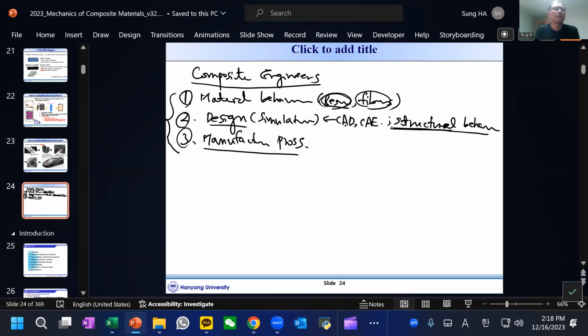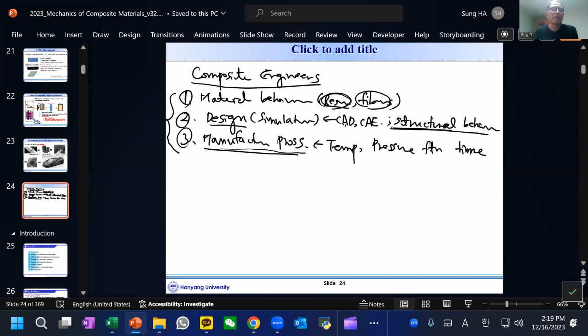This is actually the message I'd like to convey to you, so that whenever you come to a situation where you need a manufacturing process, you have to really understand that a manufacturing procedure is basically the temperature and pressure as a function of time.